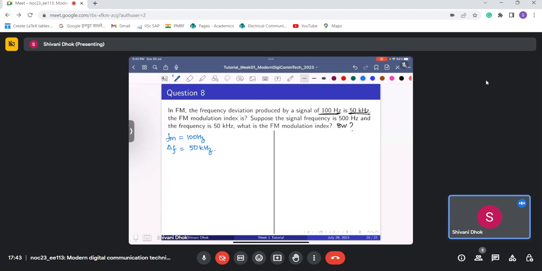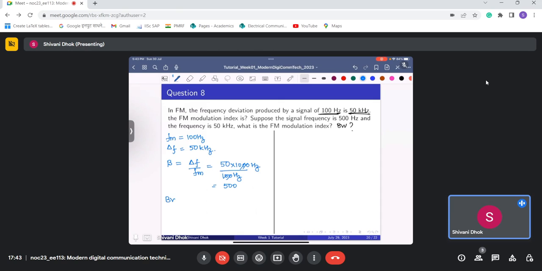Now this modulation index beta, as we mentioned earlier, was delta F by Fm. So what we have here is 50 kilohertz upon 100 hertz. This kilohertz I can convert to hertz by multiplying by 1000. So what we have is modulation index as 500.